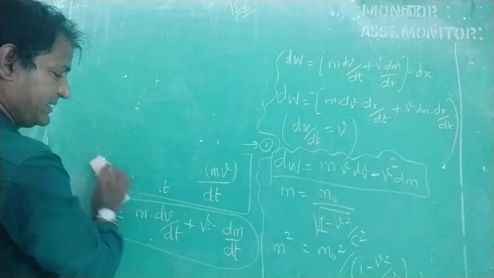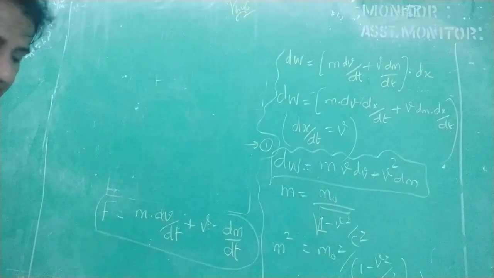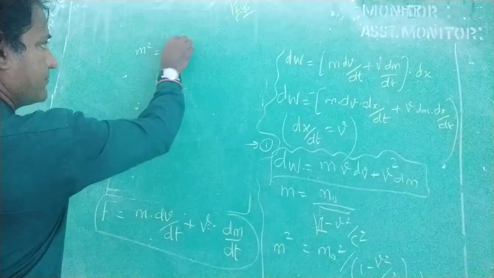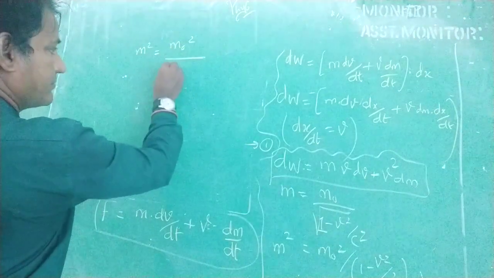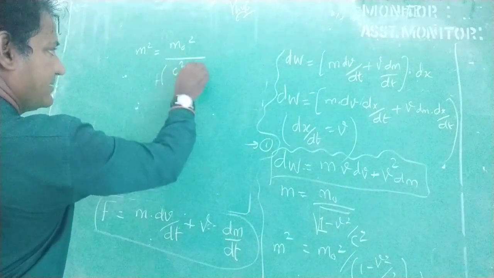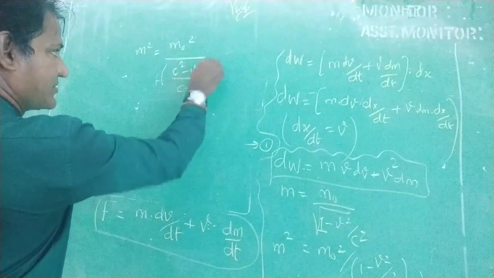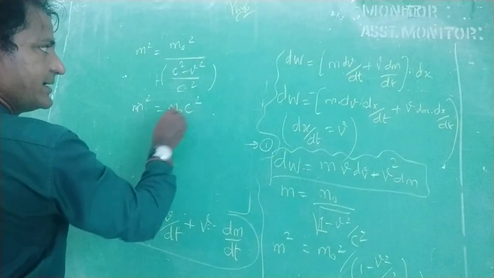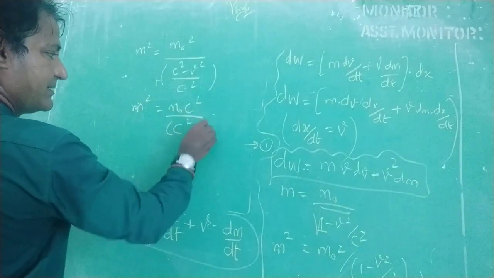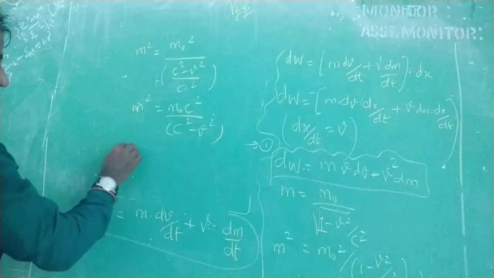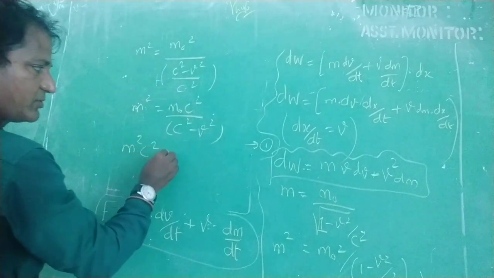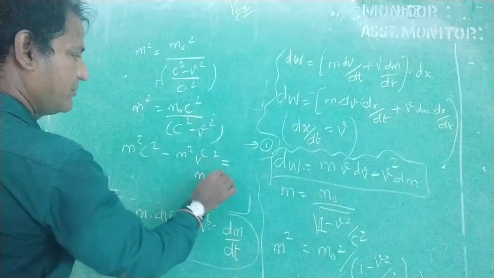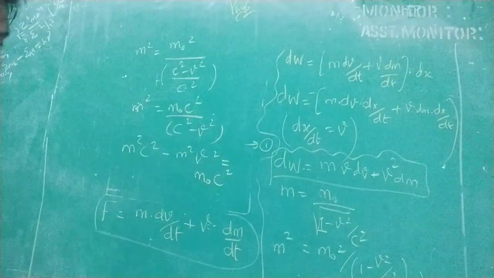Now cross multiplying this, m squared into (c squared minus v squared) by c squared equals m naught squared c squared by c squared. Cross multiplying this, m squared c squared minus m squared v squared is equal to m naught squared c squared.